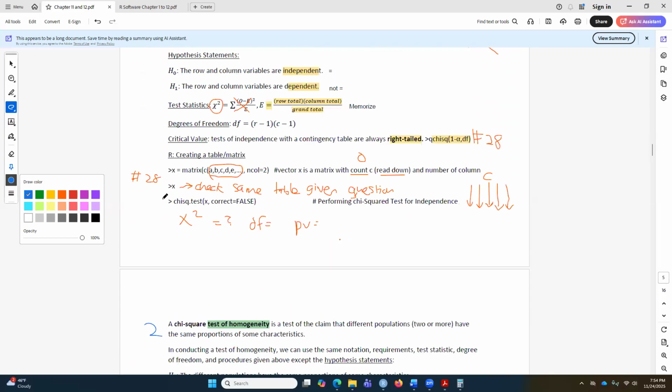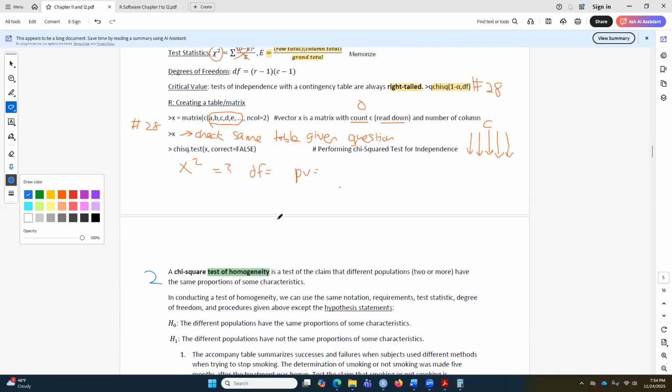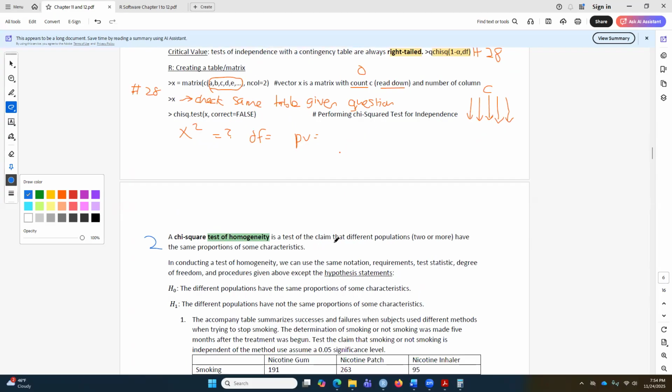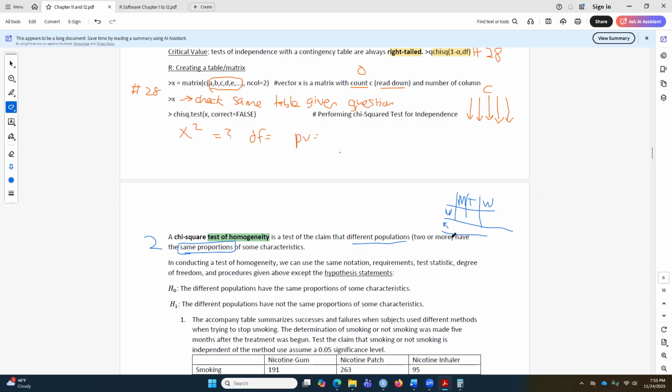The second one, we also can do a test of homogeneity. What is the chi-square test of homogeneity? It is where the claim is that different populations have the same proportion of some characteristic. Now, what do I mean by having the same proportion? If you do Monday, Wednesday, again I just do 3 days, and white, Black, and Asian, again just for time purposes.